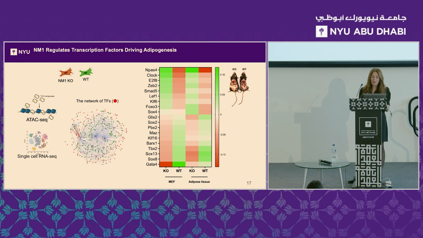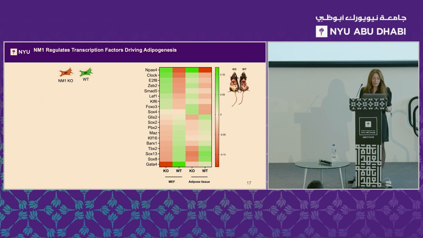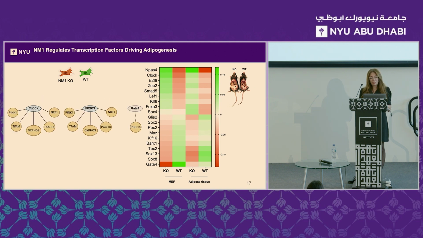So basically, what we found in MEF cells translates into tissue and the animal model. And actually, we found that 3 of these transcription factors directly or indirectly can regulate mitochondrial biogenesis.